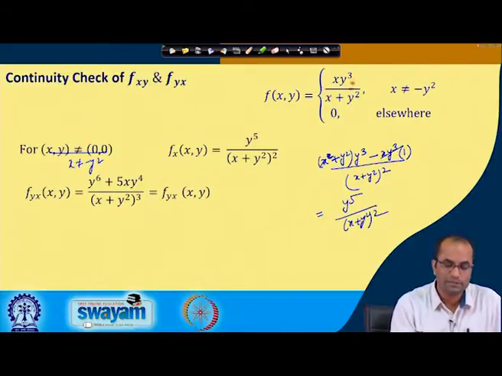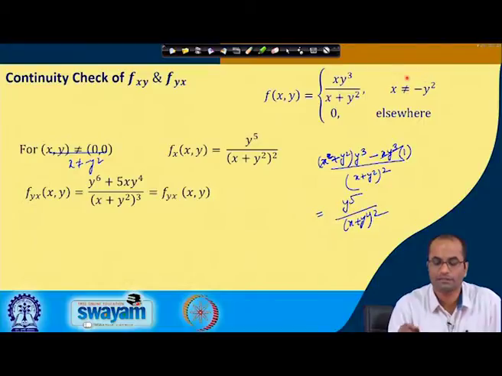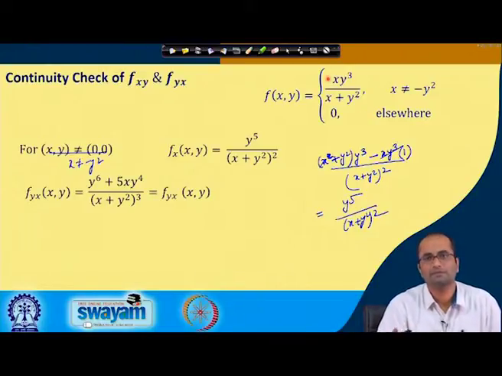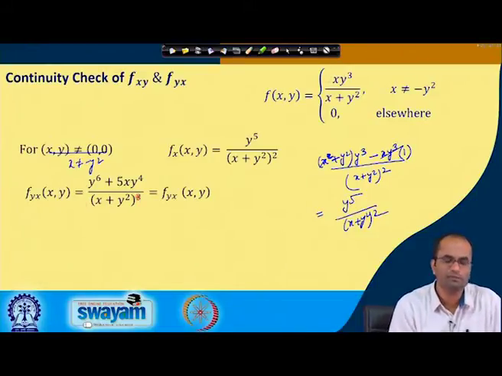So, all these derivatives must be equal at these points where there is no problem. The problem will be when this is defined as 0, so when x is equal to minus y square. So, at those points we have to be careful. At all other points, certainly the derivatives will be continuous and the values will be equal. So, we do not have to compute this again, one can verify this.